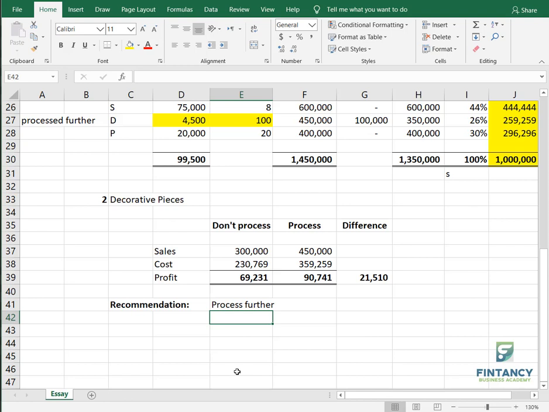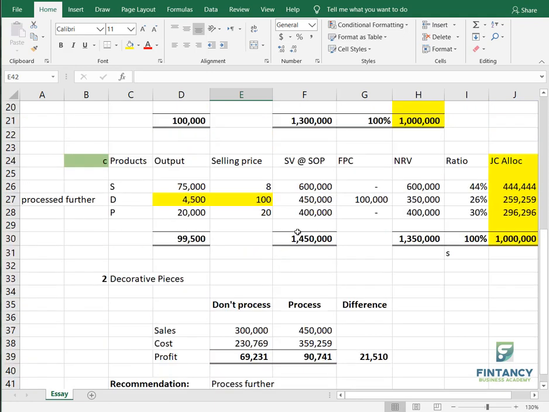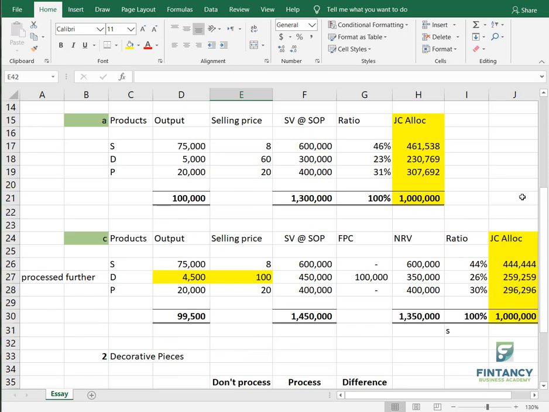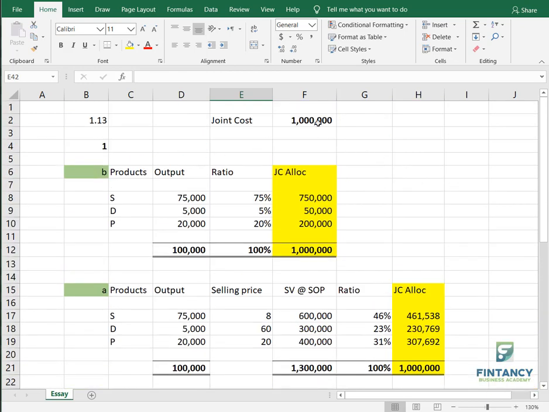Now tell me one thing. This is fine, profit is fine. But if I tell you that this analysis I have done is based on the joint cost also, can I ask you, this joint cost that's already incurred, will it be relevant for me in taking this decision or not?